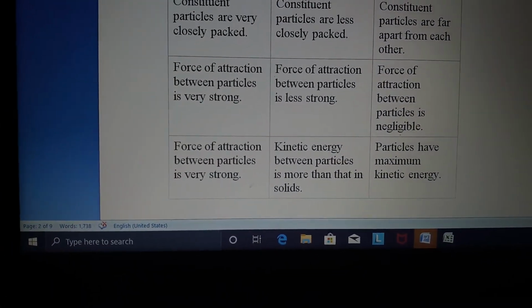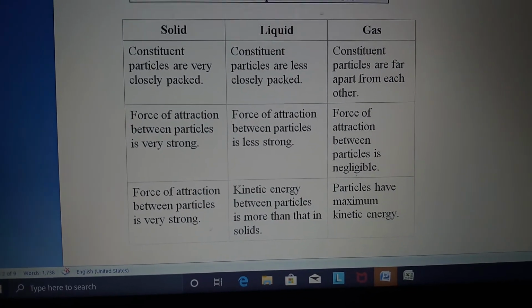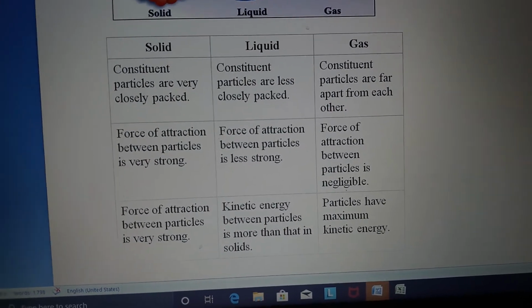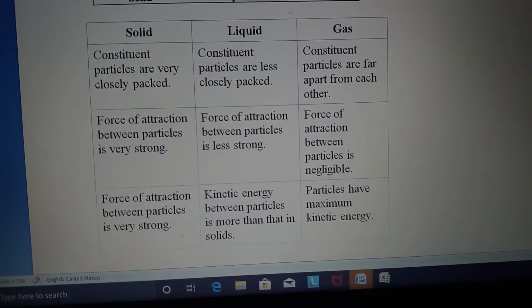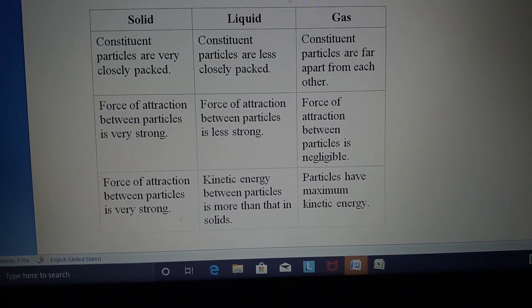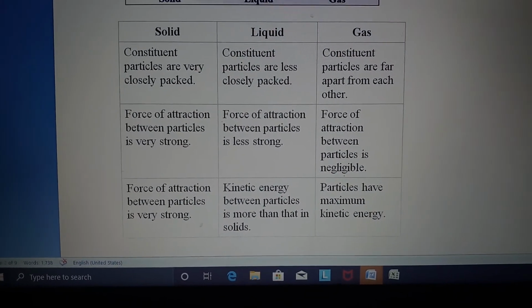If we go for the last part, in solids the force of attraction between the particles is very strong. And the next one, the kinetic energy of the particles in liquids is more than that in the solid. And in gas, particles have maximum kinetic energy.